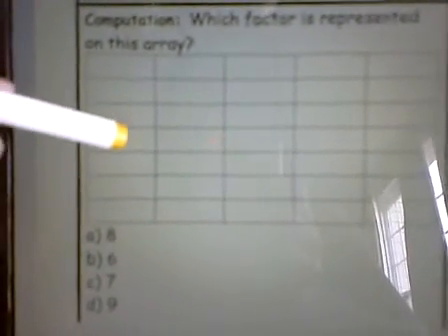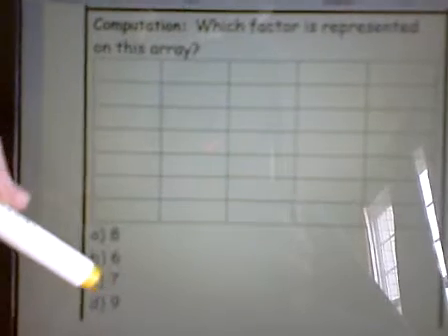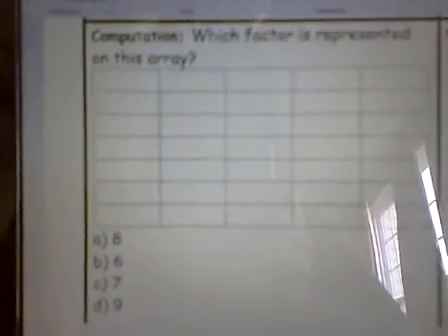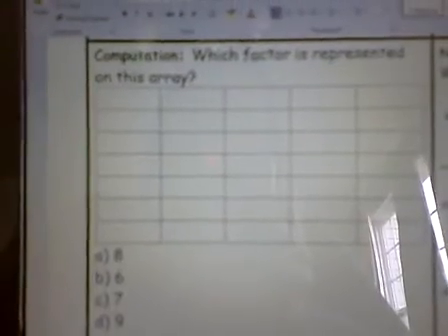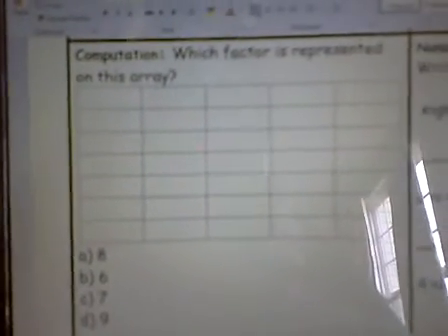Let's count the other side. 1, 2, 3, 4, 5, 6, 7. So this array represents 5 times 7. I see 7 down here as C, so I'm going to choose that. Bonus points: if you write what 5 times 7 is in the middle of this array on your homework, I'll know you watched this video, and you might get a little something extra from me.